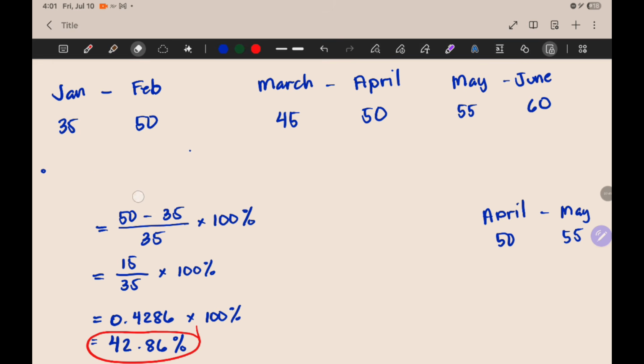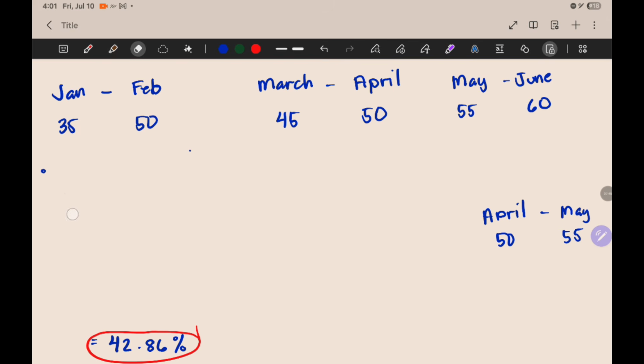Okay. So, yun yun. Next, tignan natin yung percentage increase naman nung March to April. Again, ito po, 42.86% is nung January to February. Let's check kung ilan naman ang percentage increase nung March to April.